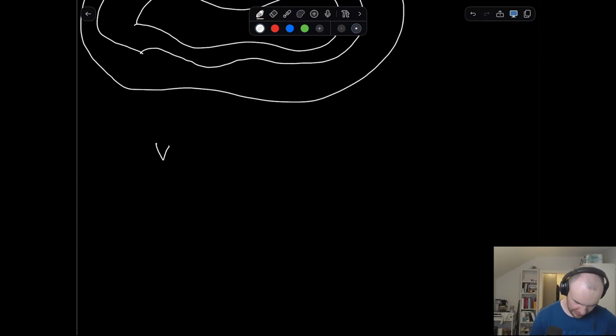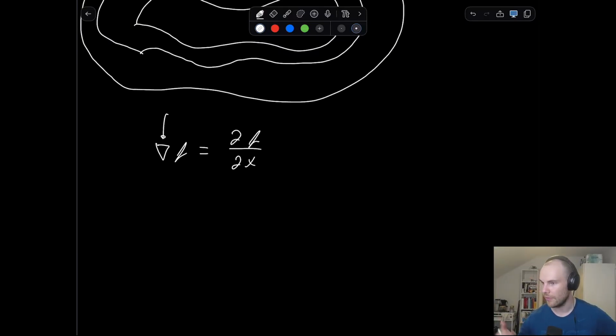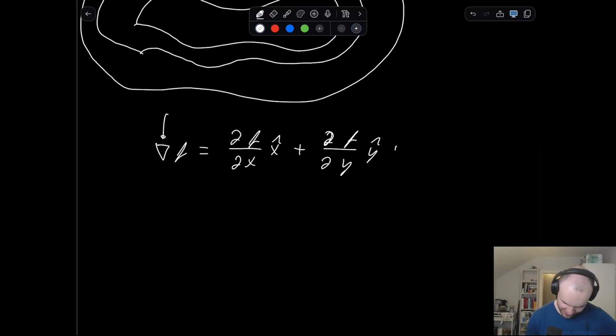So the gradient of f is a vector, and that's because of nabla right here. It's just the partial of f in terms of x, and I also think of it as a total derivative. We look at how much f changed in the x direction, and then how much f changed in the y direction, and then how much f changed in terms of z, in the z hat direction.